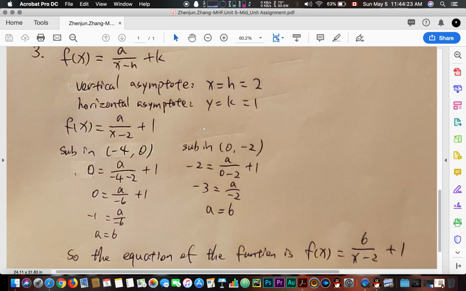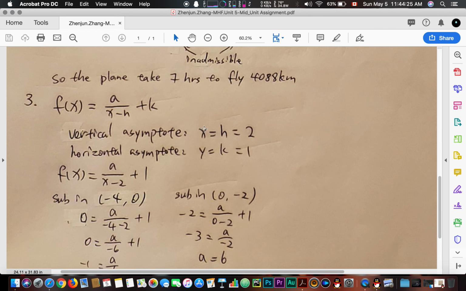Then you substitute in -4, 0, and also 0, -2. Why is that? -4, 0, that's for the x-intercept, x, y. And then you have the y-intercept, 0, -2.